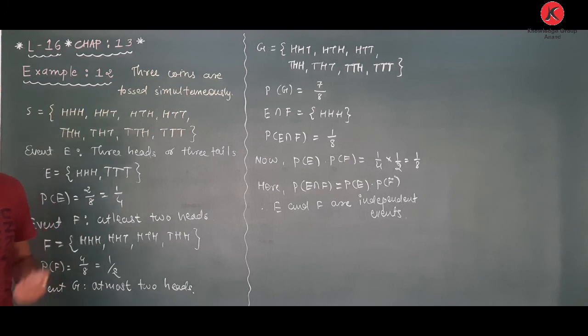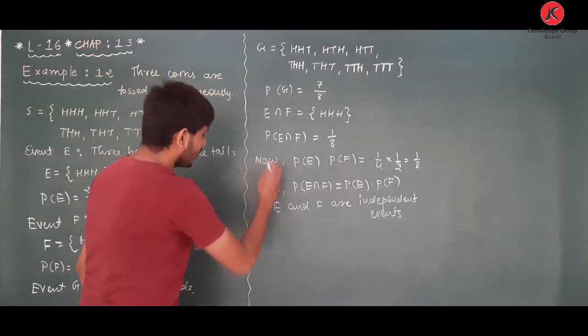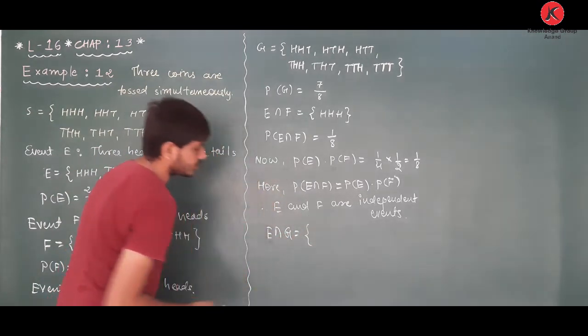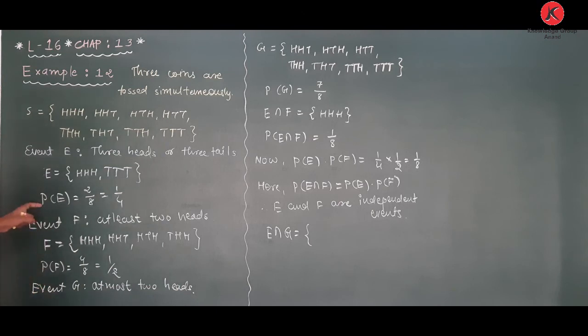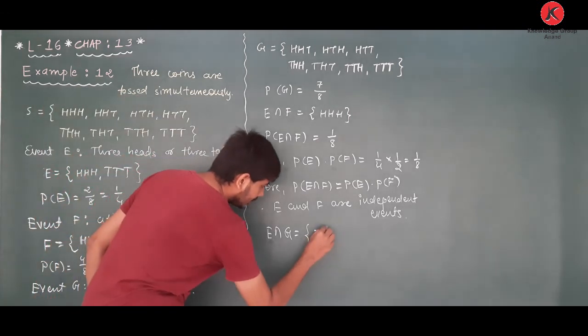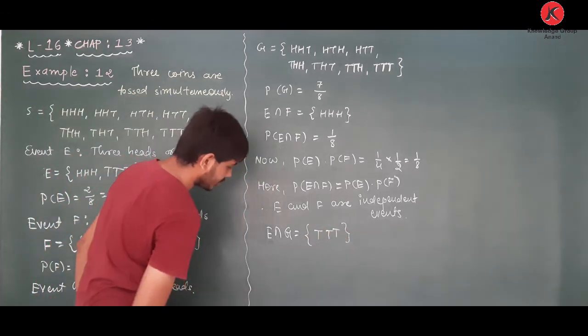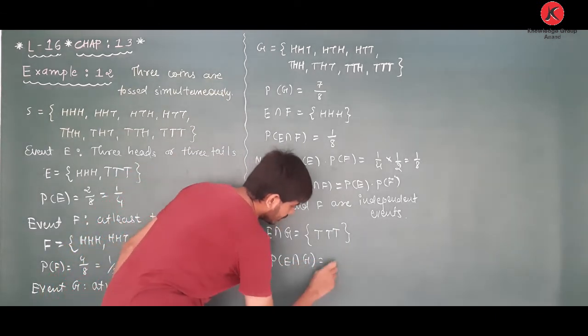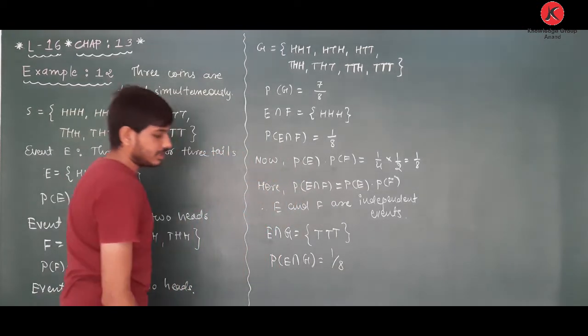Same way, we have to check for E and G. Calculate E intersection G. The intersection is only T T T. Now the probability of E intersection G equals 1 by 8.